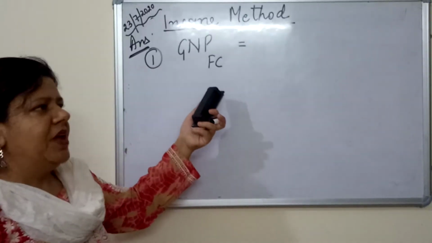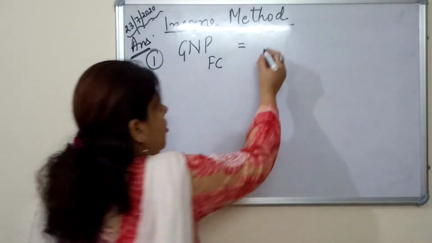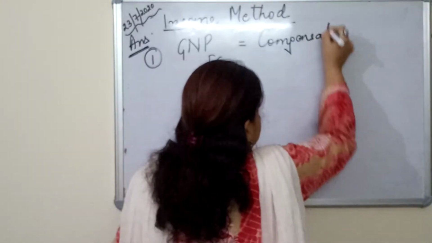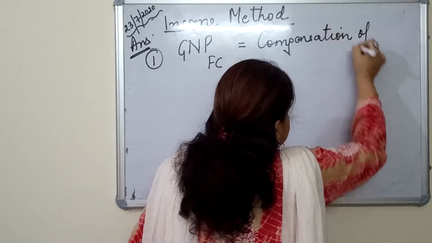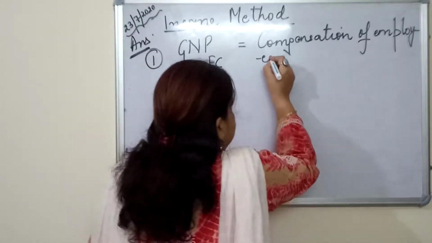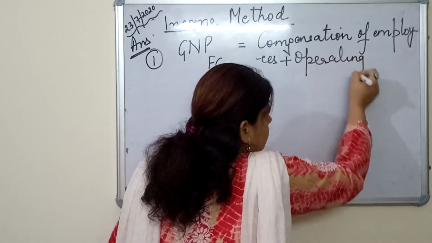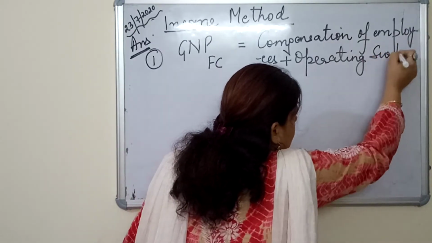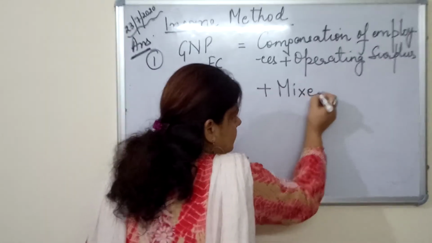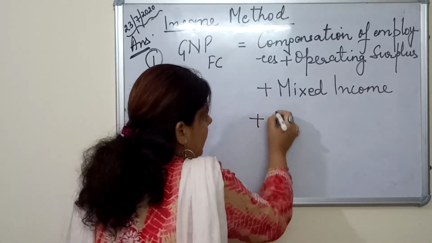The formula for calculating national income in the income method is: compensation of employees plus operating surplus plus mixed income of the self-employed plus NFIA.